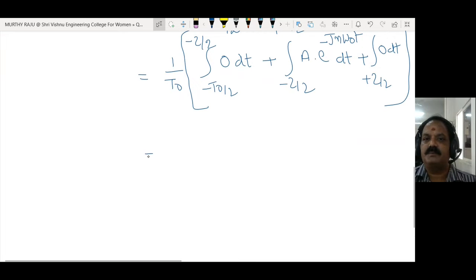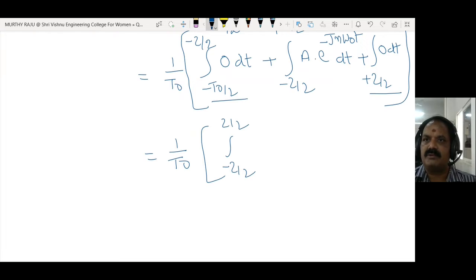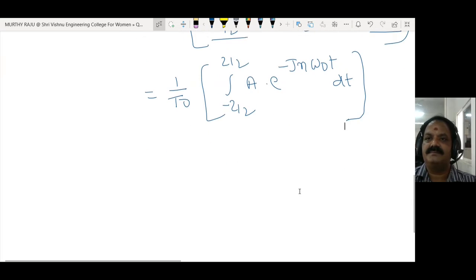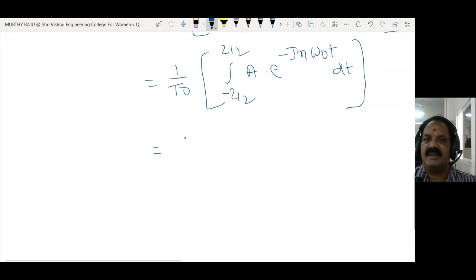Here finally 1 by T0, these two are zeros, integral from minus tau by 2 to plus tau by 2 of A e power minus j n omega naught t dt. Integrate this one. Here A is brought outside: A by T0.